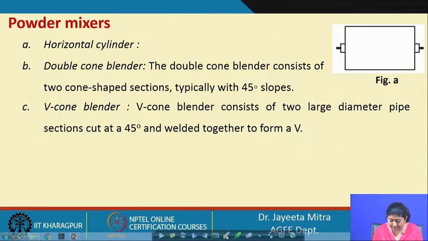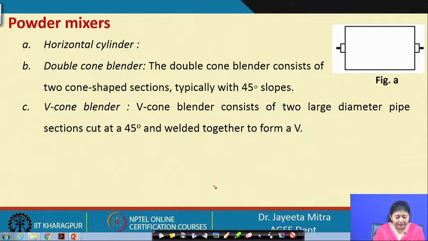We can see that a horizontally oriented barrel is rotating about a central shaft, and thereby it initiates the mixing. This is likely to cause diffusive mixing, where the particles constantly diffuse into the interparticle pores. Then double cone blender and V cone blender.